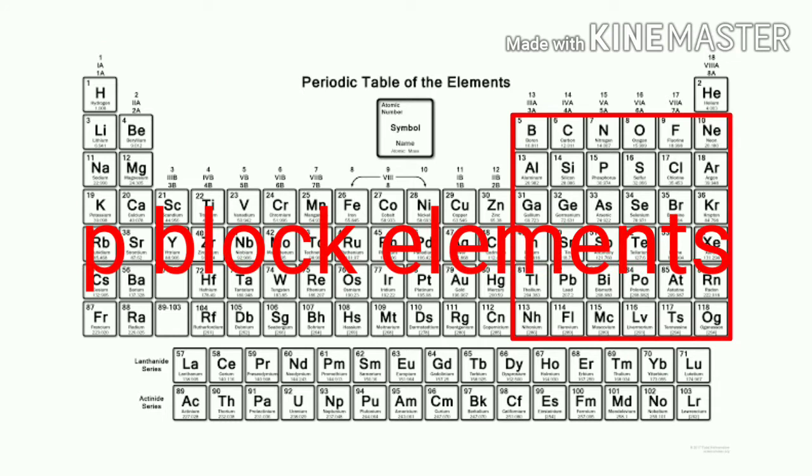Except helium, the elements present in groups 13, 14, 15, 16, 17, 18 are called p block elements because when I draw the electronic configuration of these elements, the last electron enters into the p orbital of the outermost shell, that is the valency shell.